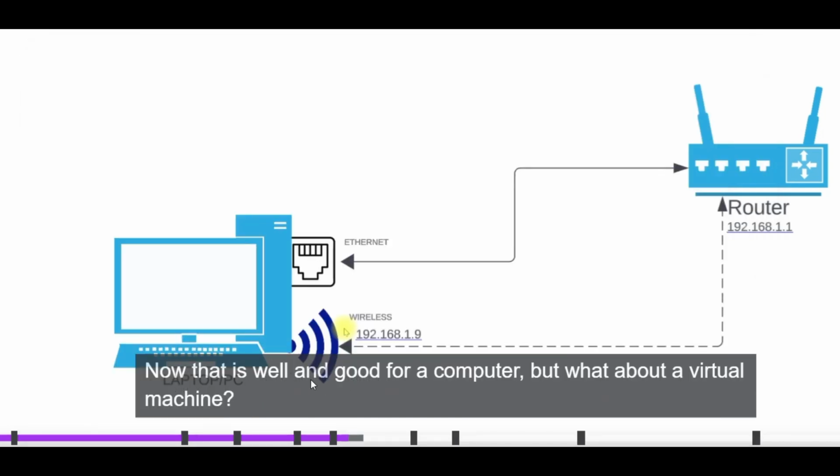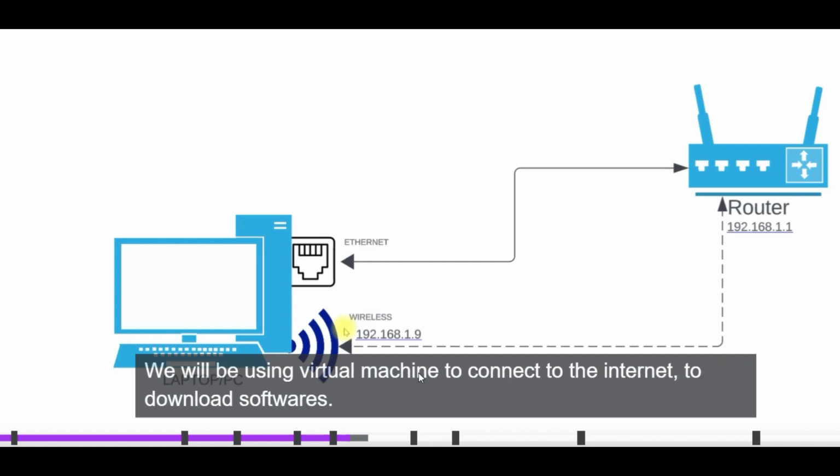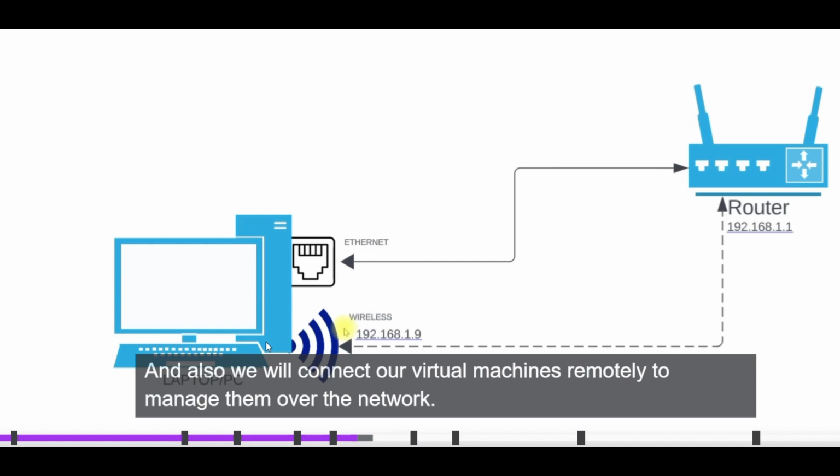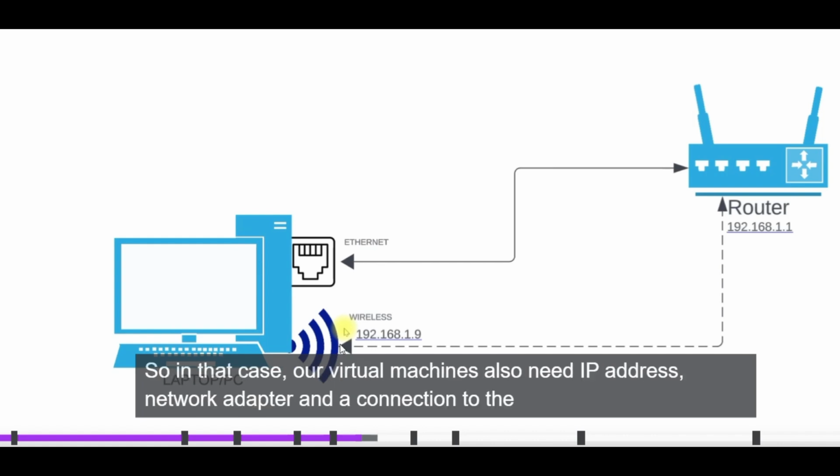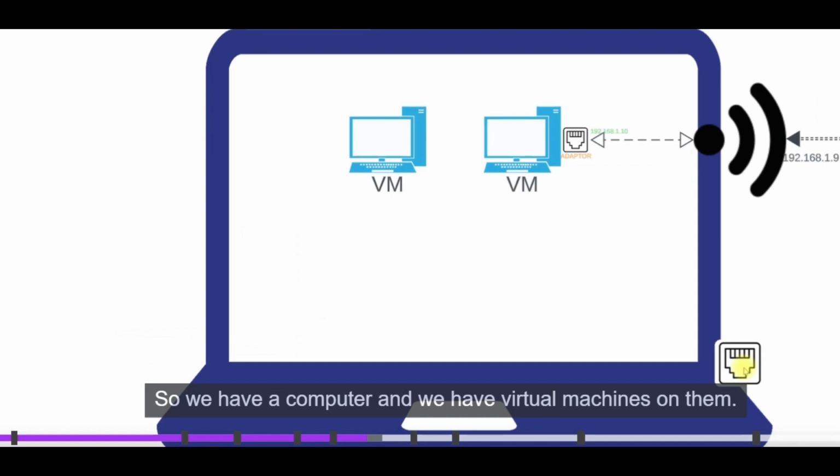That is well and good for a computer, but what about a virtual machine? We will also connect to our virtual machines remotely to manage them over the network. So our virtual machines also need an IP address, a network adapter, and a connection. We have a computer and virtual machines on it. This is our physical laptop, and we have two virtual machines, like Ubuntu and CentOS.